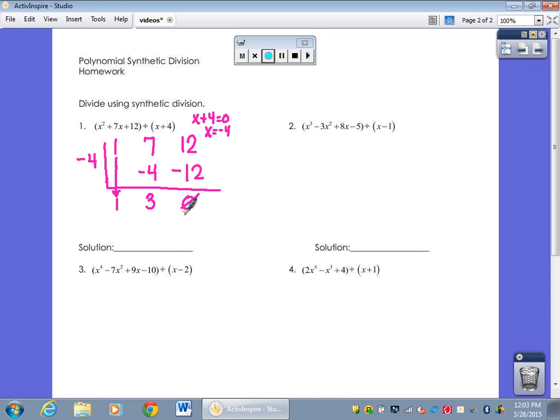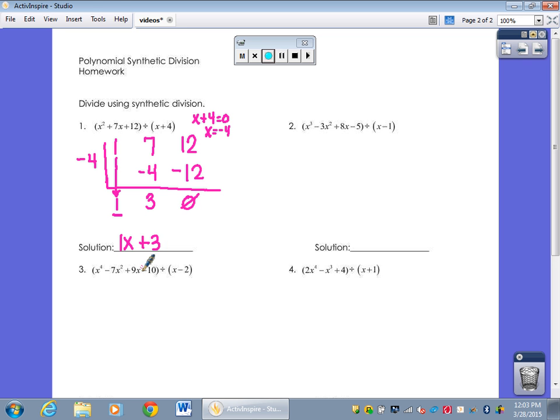Now, the outside numbers are where the solution comes from. You're going to start 1 degree less than your numerator. So the degree of the numerator up here was 2, which means my answer is going to start with a degree of 1. And it's going to be 1x, but we don't put the 1 there typically. But the 1 comes from this number right here, okay? So it's 1x, and then it's plus 3, and you're going in descending order.